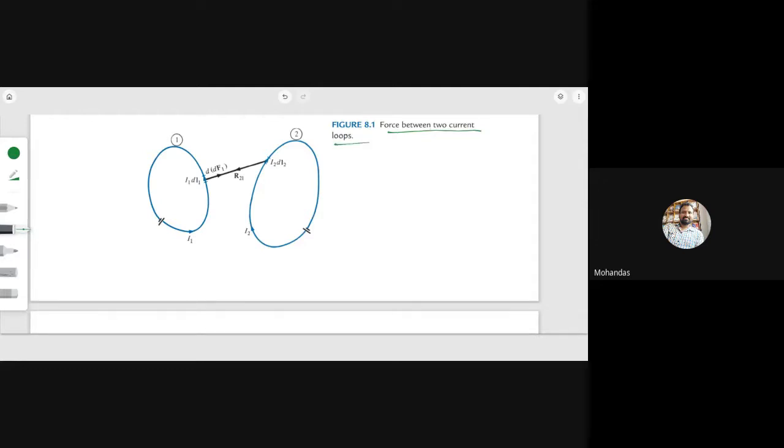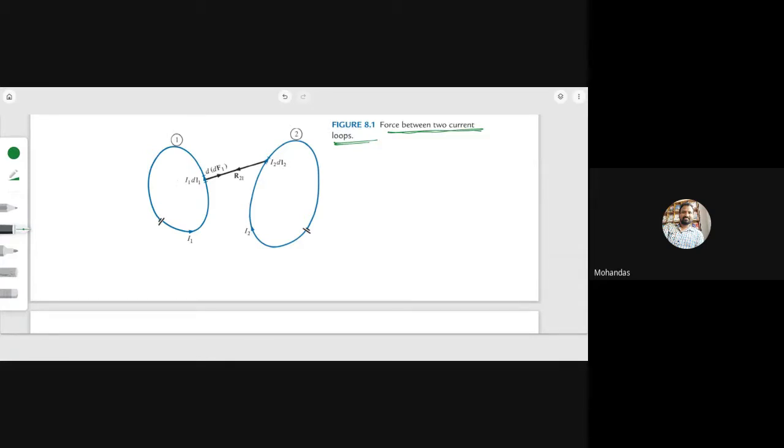Third force is force between two current loops. So listen carefully here.